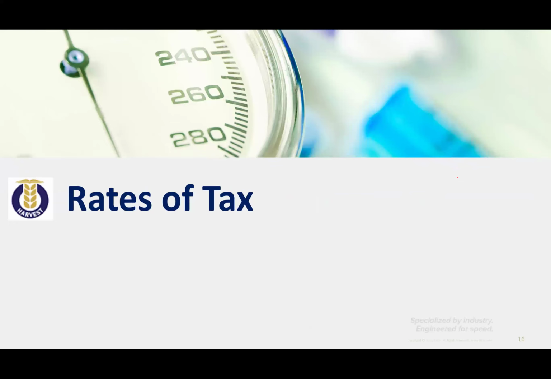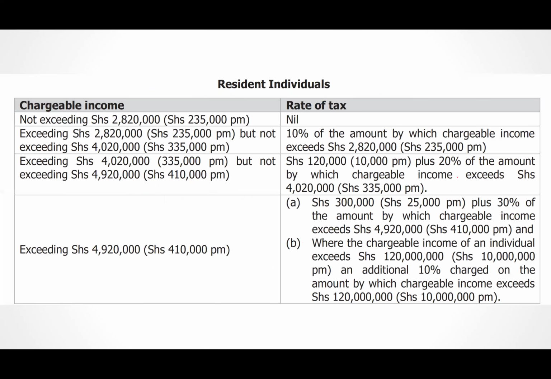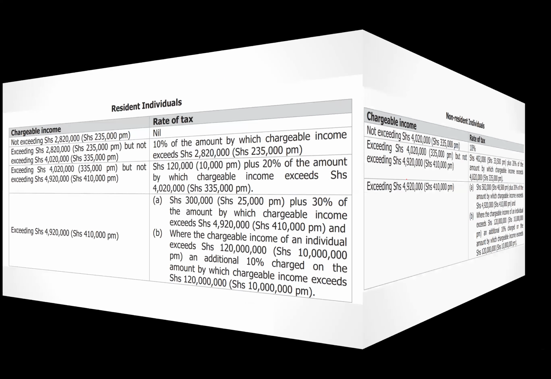Rates of tax. So what are these rates? On the slide that I'm going to share with you after the training, you'll be able to see these rates. The rates are applicable for resident individuals or employees, and non-resident. We may not go through this line by line. Take your time and look at the rates.